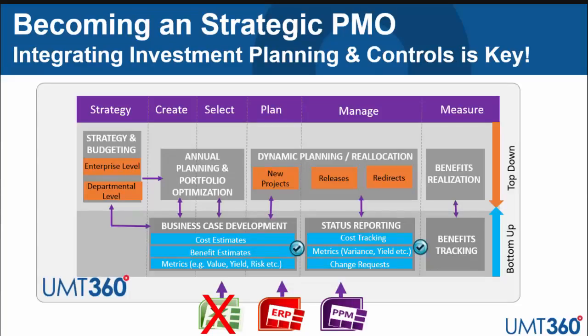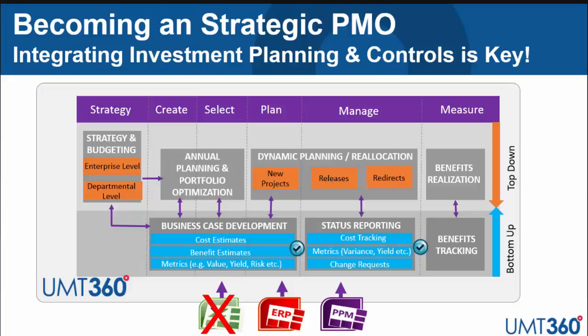One of the first steps, although this goes outside of the scope of today's session, in becoming an enterprise or more strategic PMO is to integrate investment planning and controls across the entire project and portfolio management lifecycle. Again, we could spend a whole webcast just dedicated to this, but I'll summarize it at the highest level.